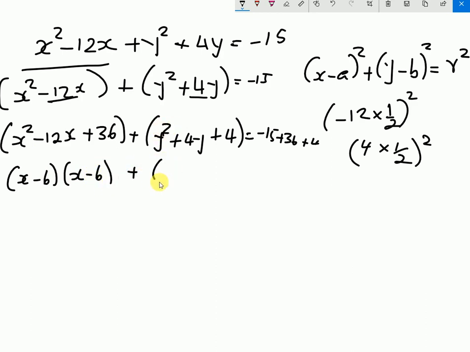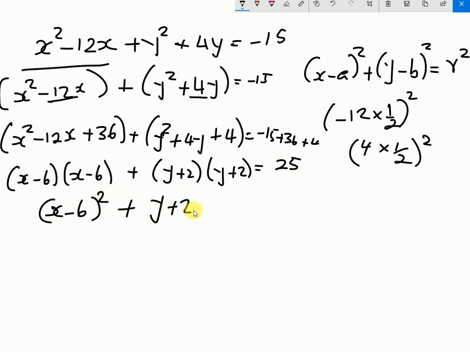This one here is (y + 2)(y + 2) equals to, this one is 21 plus 4, which is 25. Now, people, this one here is (x − 6)² + (y + 2)² = 25. You got your things right.